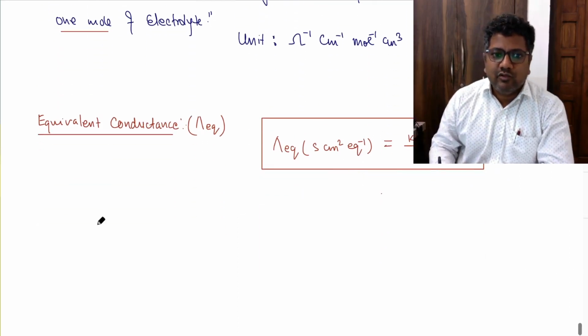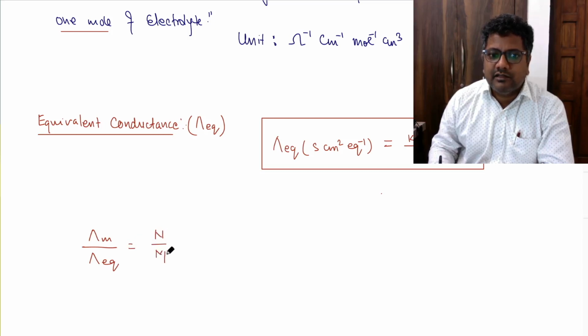Now you can make a relation between these two. Molar conductance and equivalent conductance are related through normality and molarity, and you know normality is equal to molarity into n factor. So the molarity is cancelled.